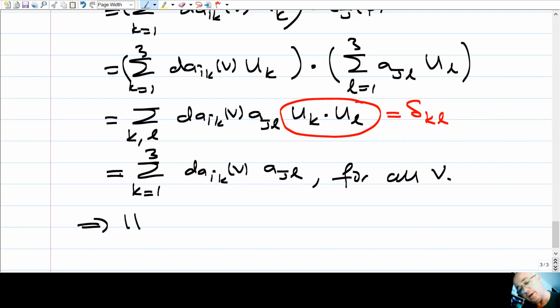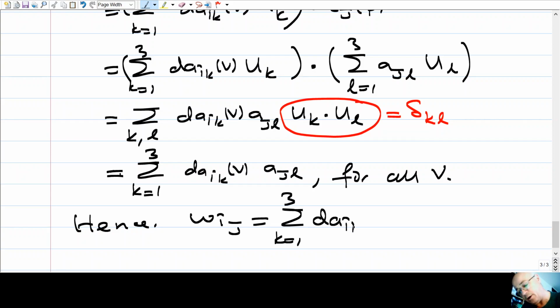Therefore, hence, Wij is just summation over K, DAIK, one form times this function. Not JL, JK. Yes, JK. All right, so this finishes the proof.